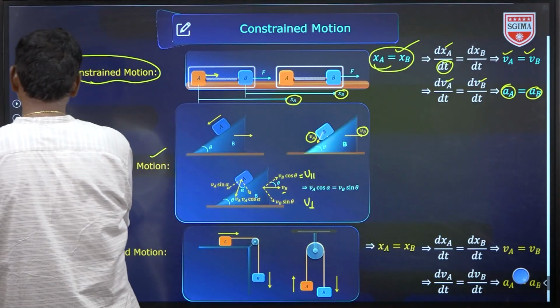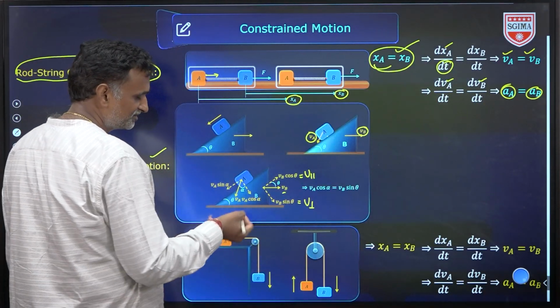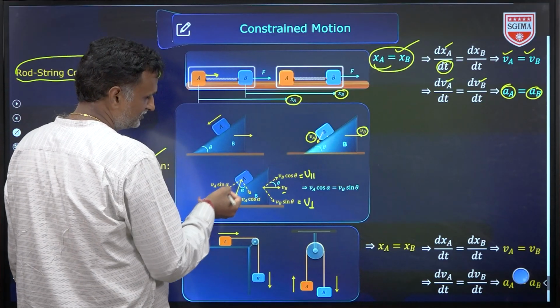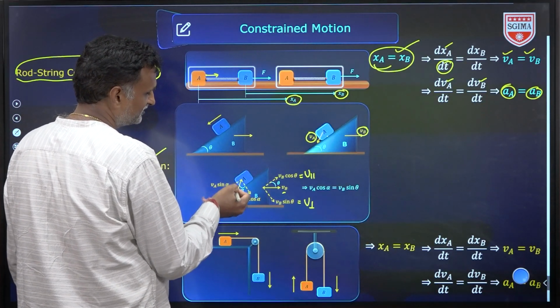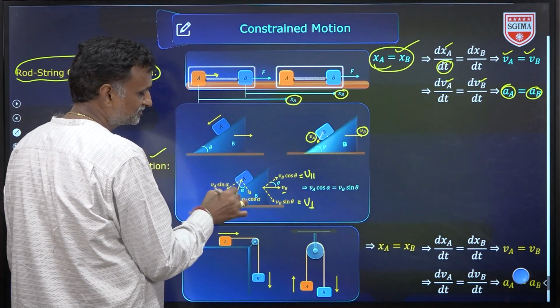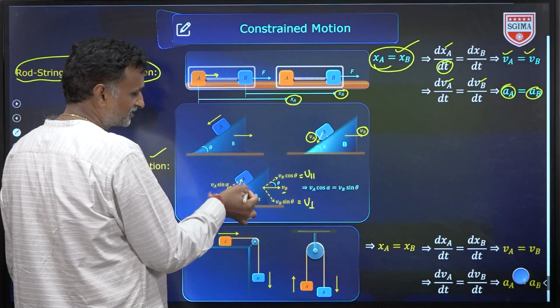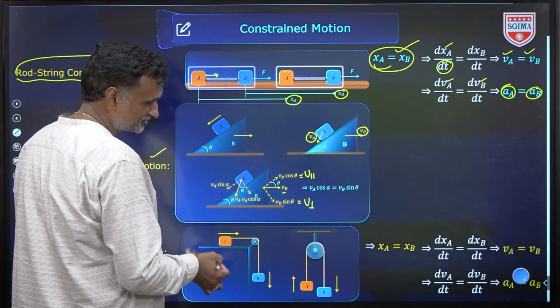This is the perpendicular component for the wedge, and here it is Va. It has some velocity in this direction, meaning the net velocity in this direction. So Va sin alpha along this direction and Va cos alpha along this direction.